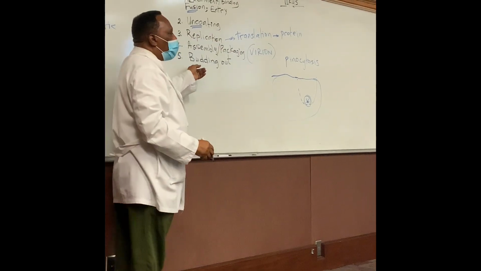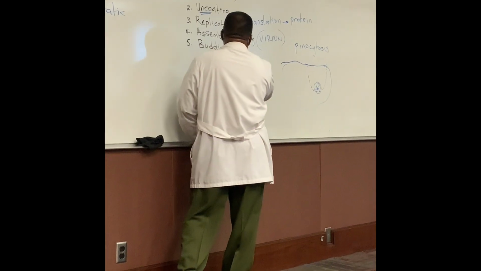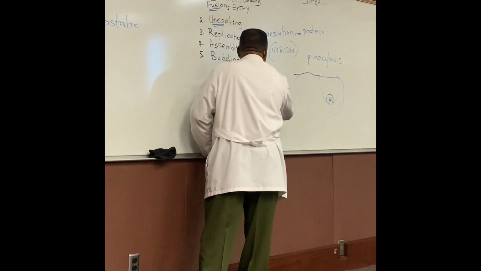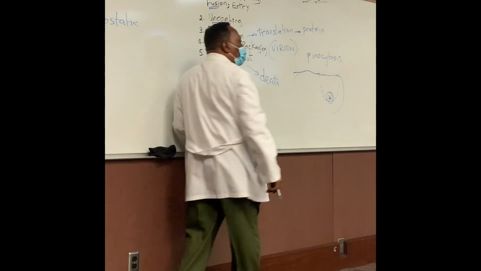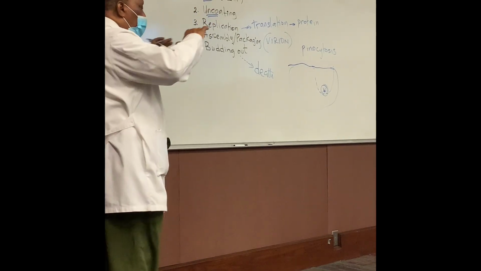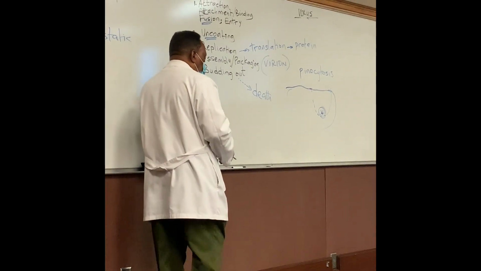So that virion can then bud out of the cell, and that budding out can lead to the death of the cell that was infected. So that's generally the pattern of viral infections.